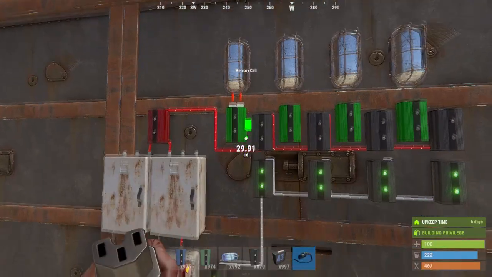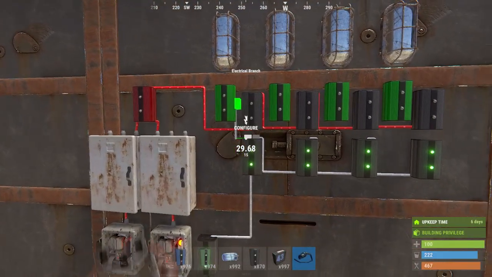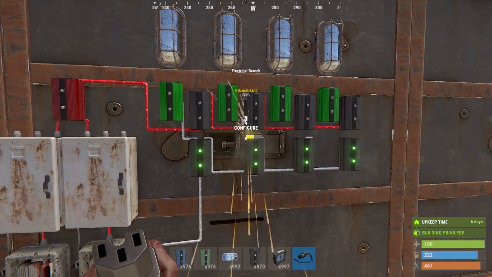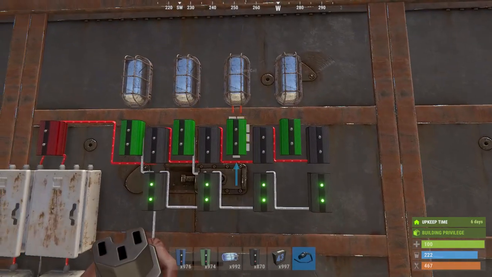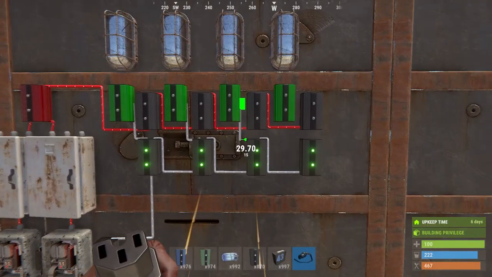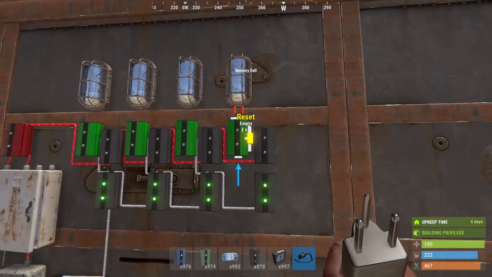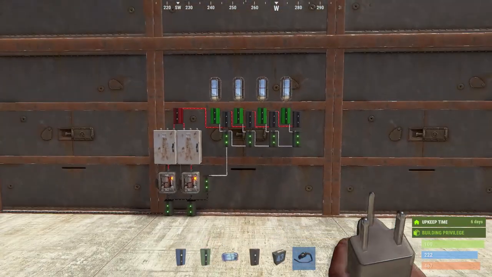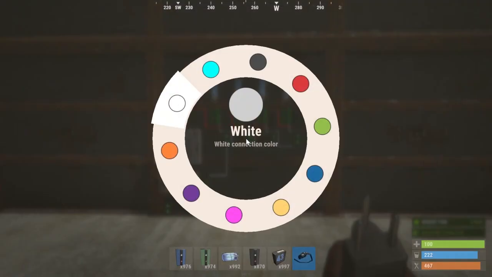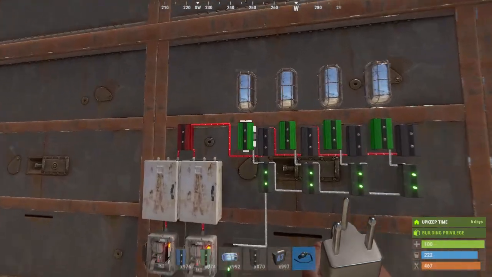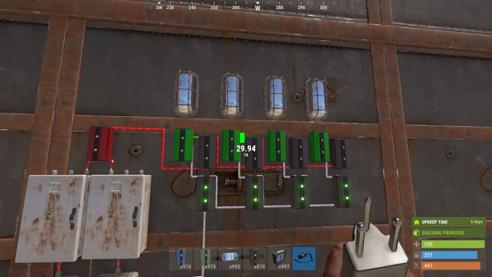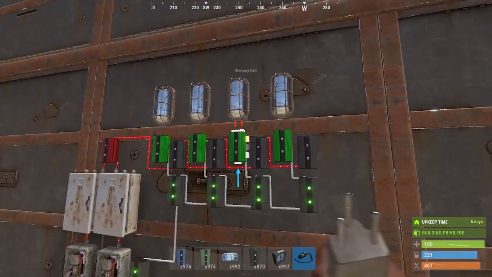Now, wire up the reset nodes on the memory cells to the branch out on the reset chain. And then, wire up the set nodes on the memory cells to the branch out on the set chain.